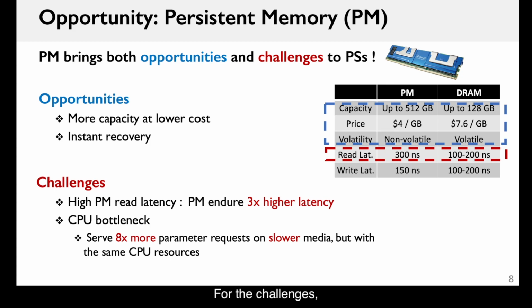For the challenges, PM read latency is about 3 times higher, which may affect the SLA of PS. On the other hand, by substituting DRAM with PM, the memory capacity of a single PS can expand by 8 times. This means that we have to serve more parameter requests on a slower medium, but with the same amount of CPU resources, leading to CPU bottlenecks.